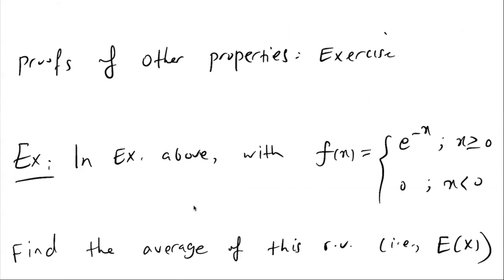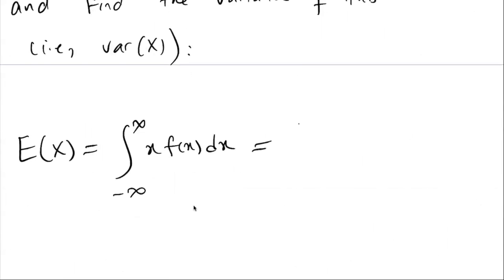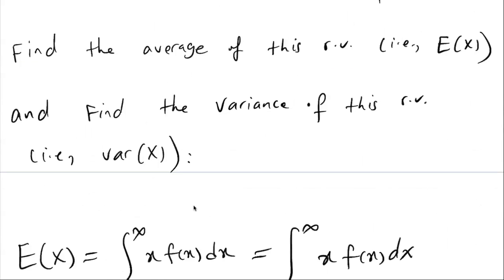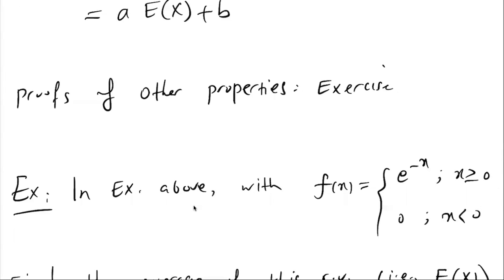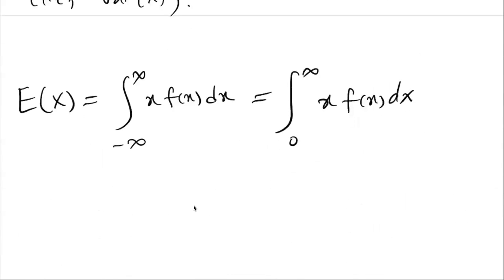So this integral is the same as the integral from 0 to infinity of x f of x dx. And for x bigger than 0, f of x is e to the minus x. So I can write this as the integral from 0 to infinity of x times e to the minus x dx.